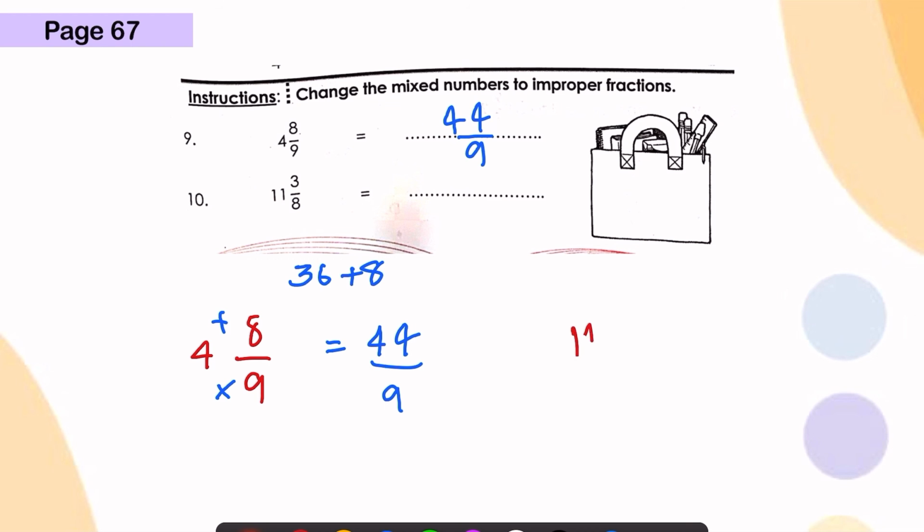We have 11 and 3 over 8 for number 10. Remember, you multiply 8 by 11 and plus 3. So, 8 times 11, you will get 88 plus 3. Then, the answer would be 91 over 8.